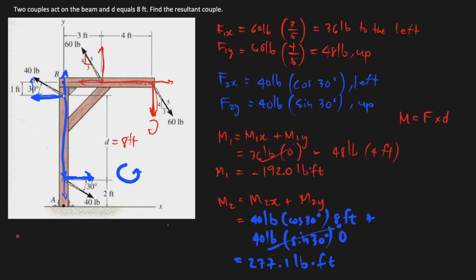Now for the total, the summation of M is equal to M1 plus M2. M1 is equal to negative 192.0, and M2 is 277.1 pound feet. So this is equal to 85.1 pound feet. This is the summation of M, the final answer.